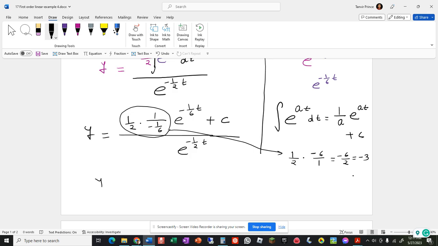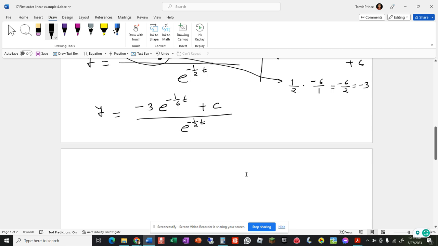So I get y equal to negative 3 e to the power negative 1 over 6 t plus c, divided by e to the negative half t. You can distribute this e to the negative half t. So let's distribute.